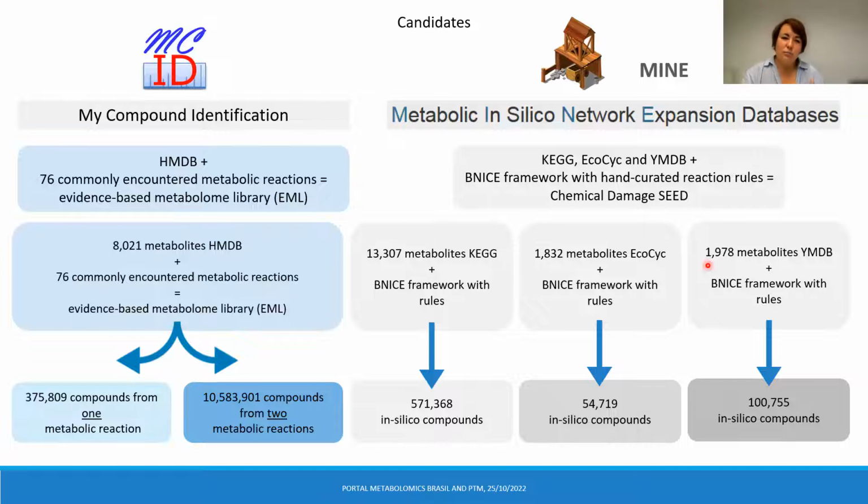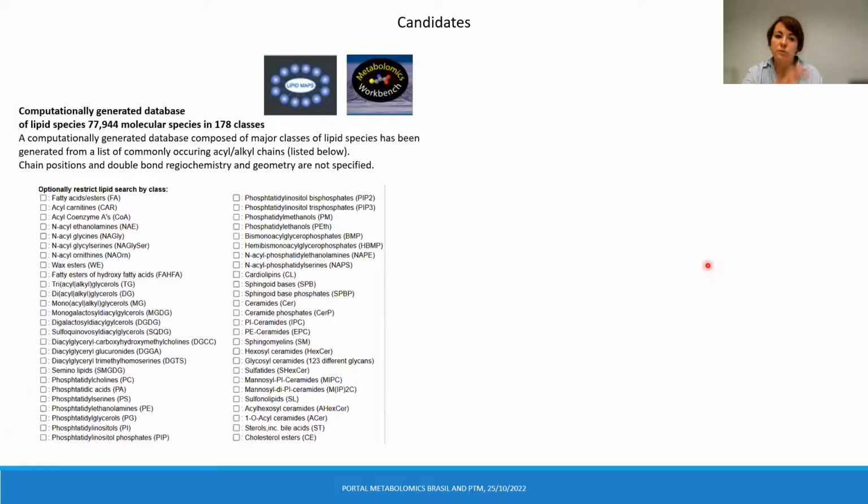But they are rather more useful for polar metabolites or metabolites other than lipids. In terms of lipids, I would recommend rather to stick to LIPID MAPS and Metabolomics Workbench, where they provided a nice functionality for computationally generated lipids.